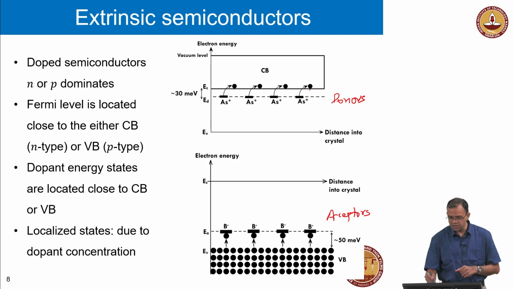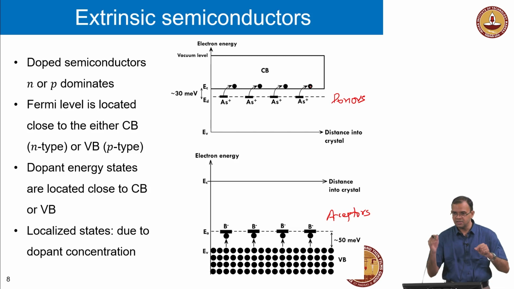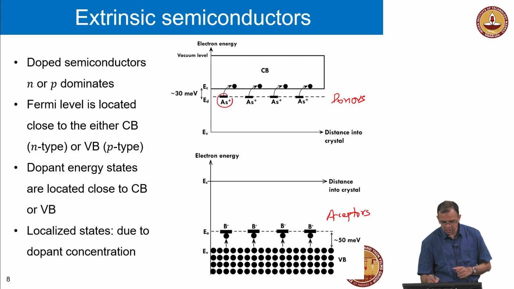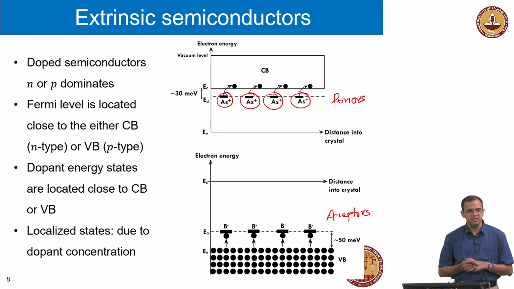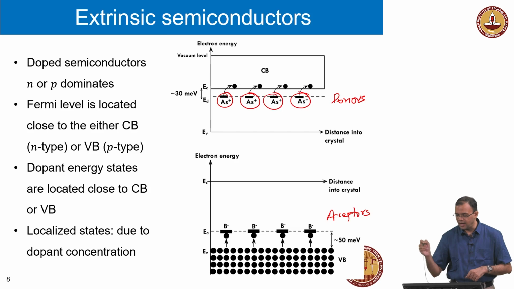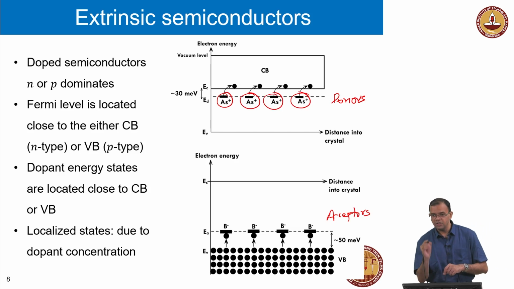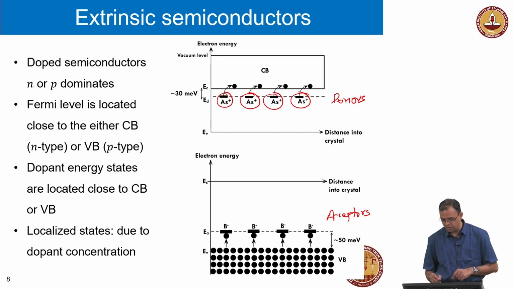If you see the conduction band, it is drawn as continuous. We draw lines to show that it is a continuous state or an extended state. But if you see the dopant levels, they are just drawn as individual dashes, right? We don't draw a dopant line, we just draw them as dots or dashes.